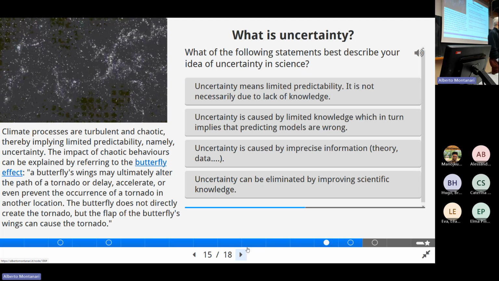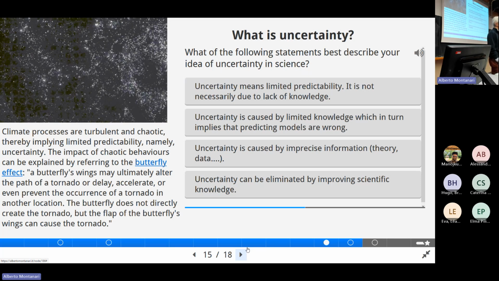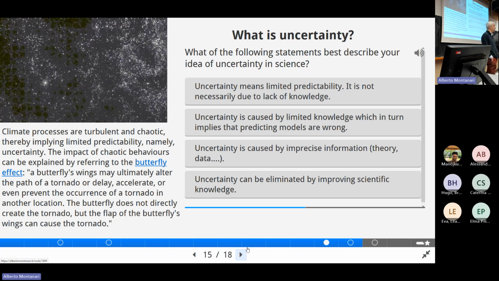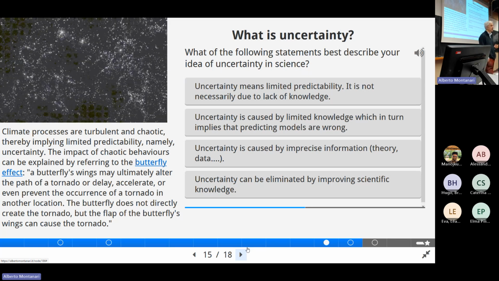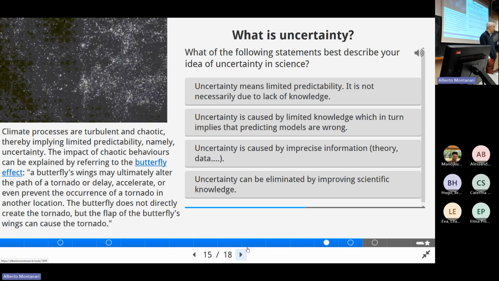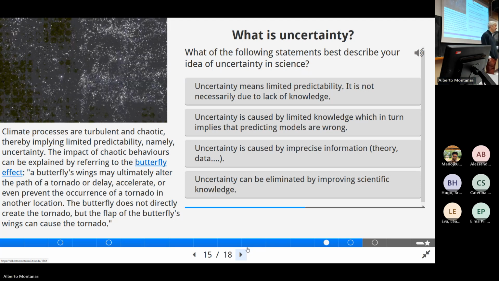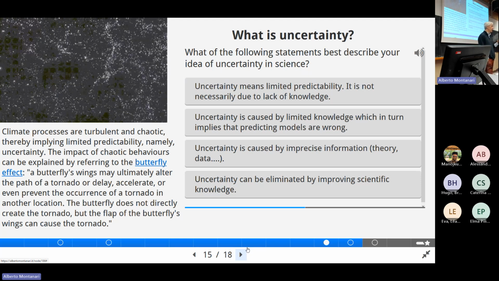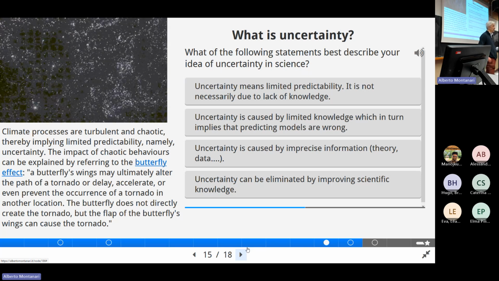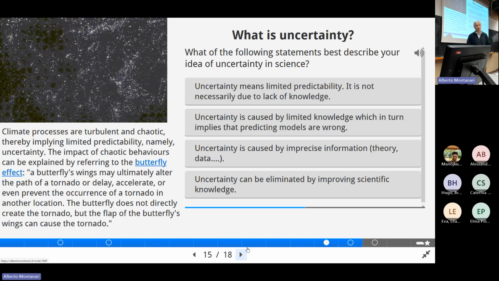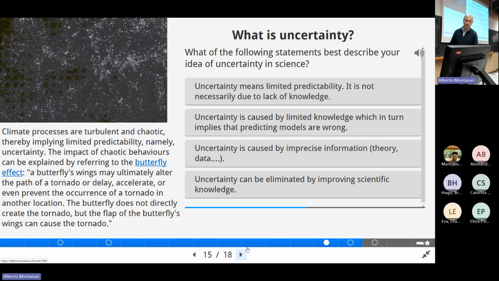Why are they important? Because we need to communicate with people, and if we use different terms or we use the same term with different meanings, communication doesn't work. So we need definitions to talk among scientists, to talk among technicians, and for the scientists to talk with technicians. So how can we define uncertainty?